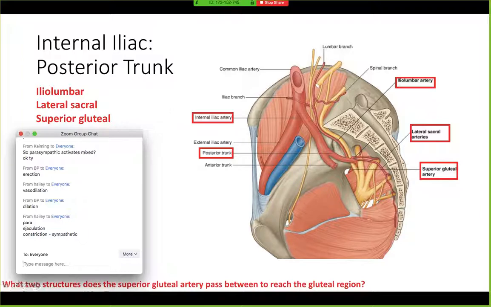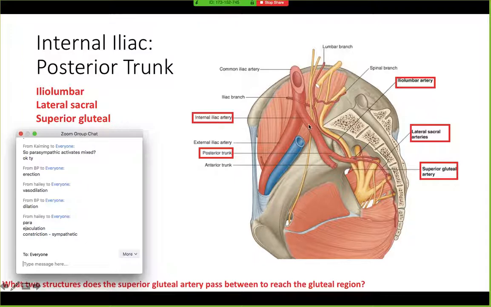There's so much variation in the pelvis as far as where the vasculature branches from. You need to identify it based on what it is supplying and not a certain order. So if you just learn an order, that's not going to help you with this. Okay, so internal iliac arteries.